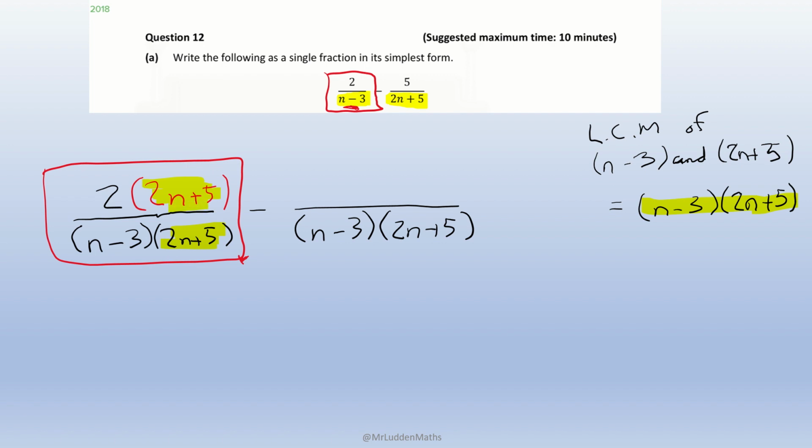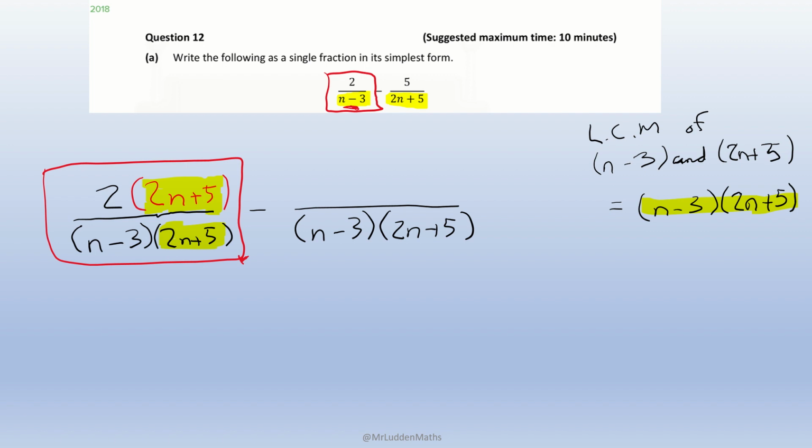They would cancel each other out. But for this question, that would just be bringing us back to square one. We don't want to go back to square one, because our question was to write the following as a single fraction in its simplest form. So remember, this step here is important to get us to our next step, to bring our fraction all together.